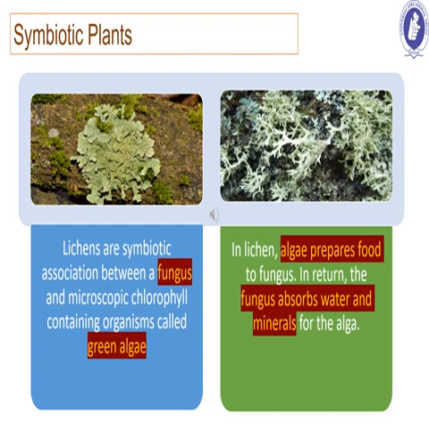In return, the fungus absorbs water and minerals for the alga. This is how in lichen the fungus and algae exhibit symbiotic relationship. That means they both are mutually benefited.